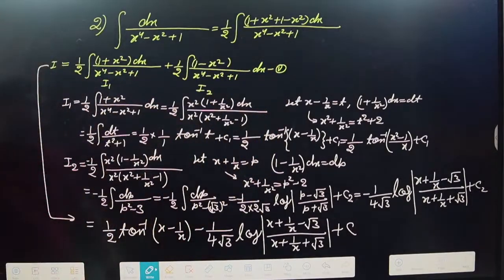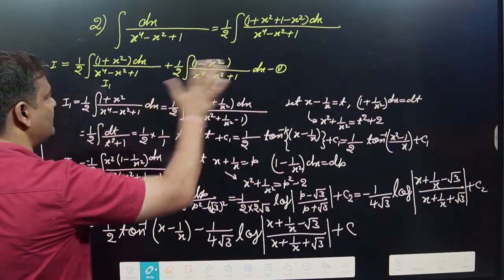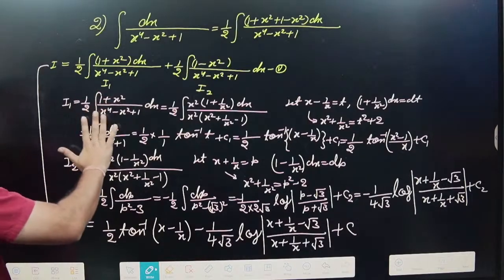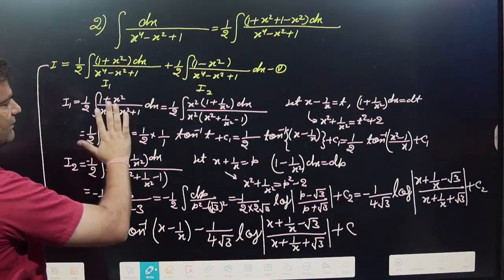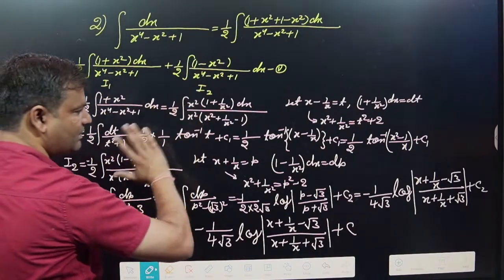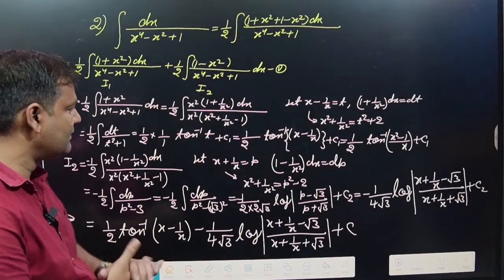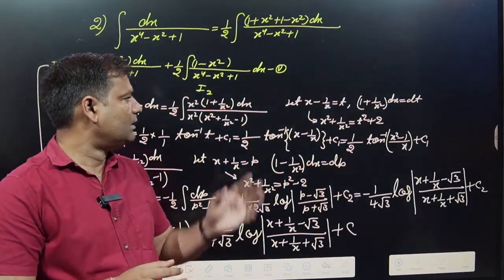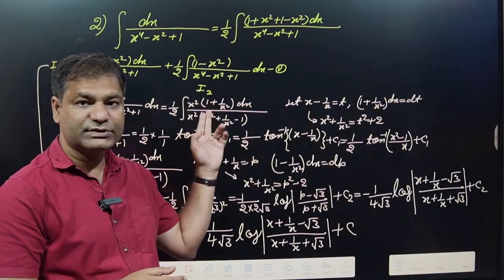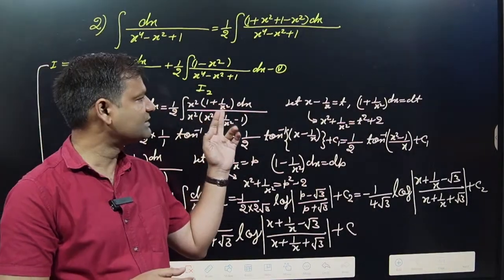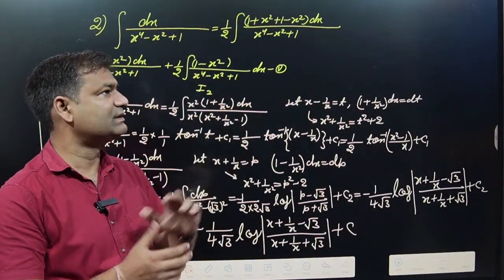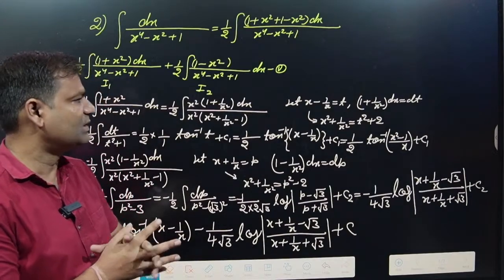Look here, we focus on I1 and after that I2. I1 is half. If x square is common in the numerator and denominator, then it is written like this. After that, look here very carefully: this part, 1 plus 1 upon x square into dx. So what is the meaning of that?